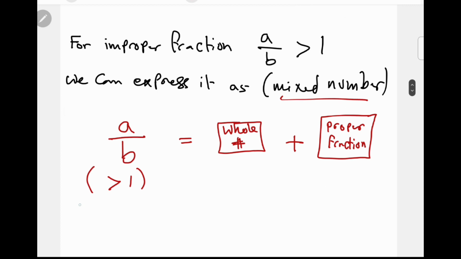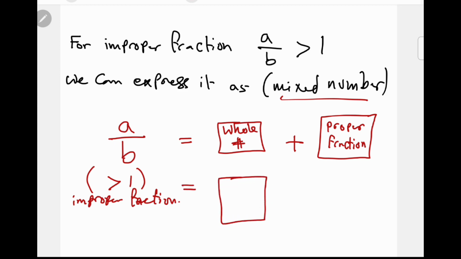So this improper fraction can be expressed as a whole number plus a proper fraction. And usually we express it most commonly as the whole number, and then we stick the proper fraction next to it.